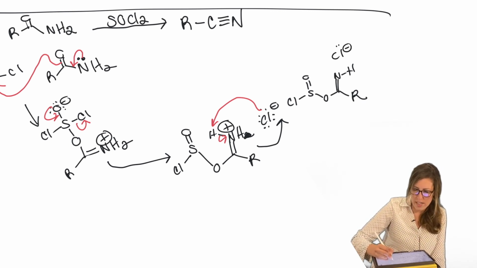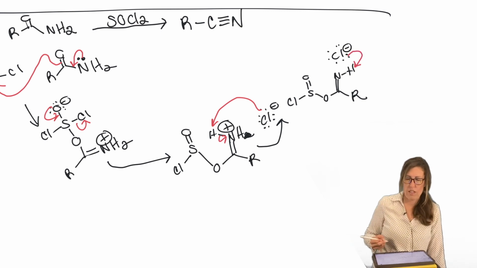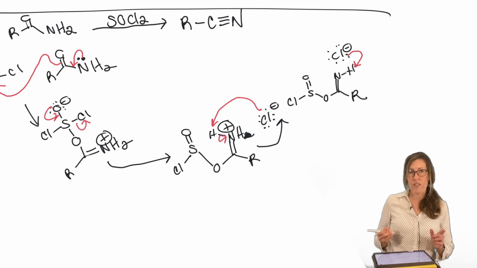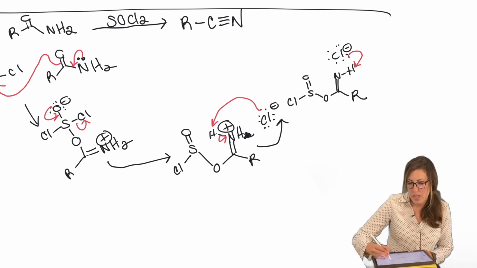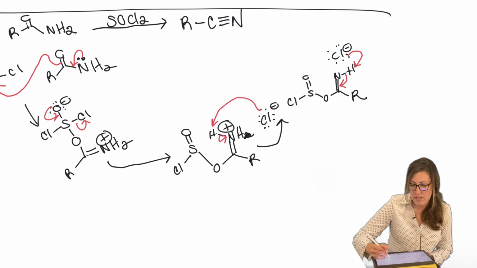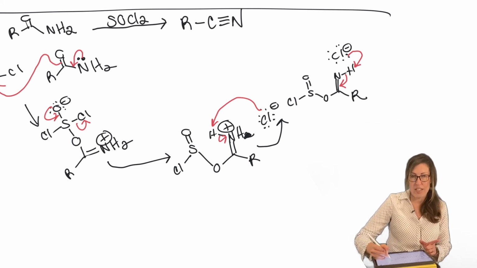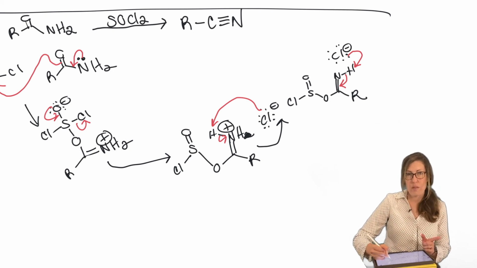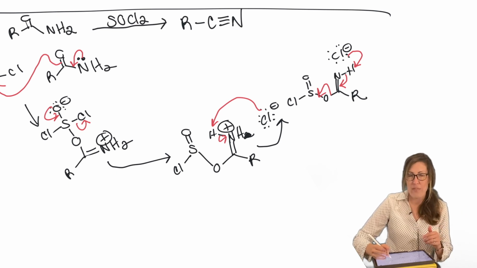Why do I need that? I need to ultimately have a triple bond to nitrogen. How do I do that? I take away the H and let those electrons go there. But in doing that, that carbon has to let go of something. It's not going to let go of that R group, but it will let go of, gladly, the O-S, etc. bond to give us the sulfur dioxide.